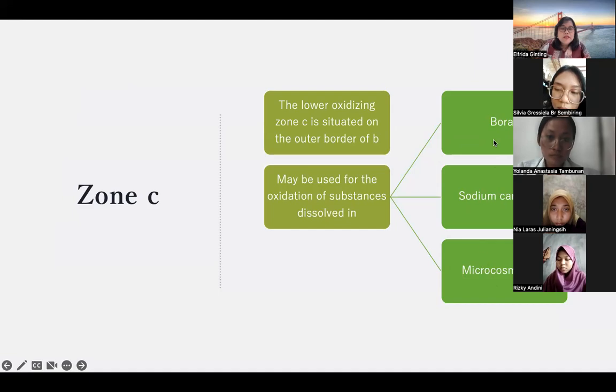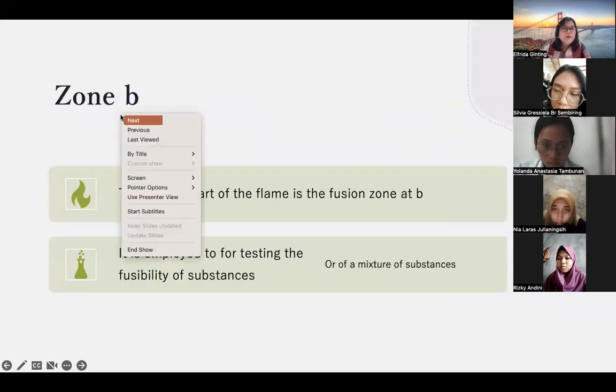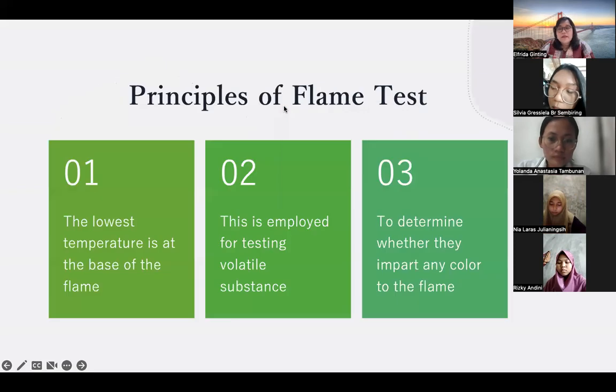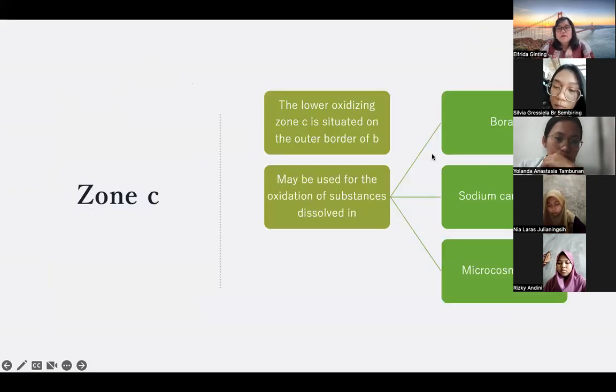These three types of chemical substances we can test in zone C. It's good if you draw this when you write it down, and then you will know which one is zone C. Zone C is this one, the lower oxidizing zone. So we can test borax, sodium carbonate, and microcosmic salt.